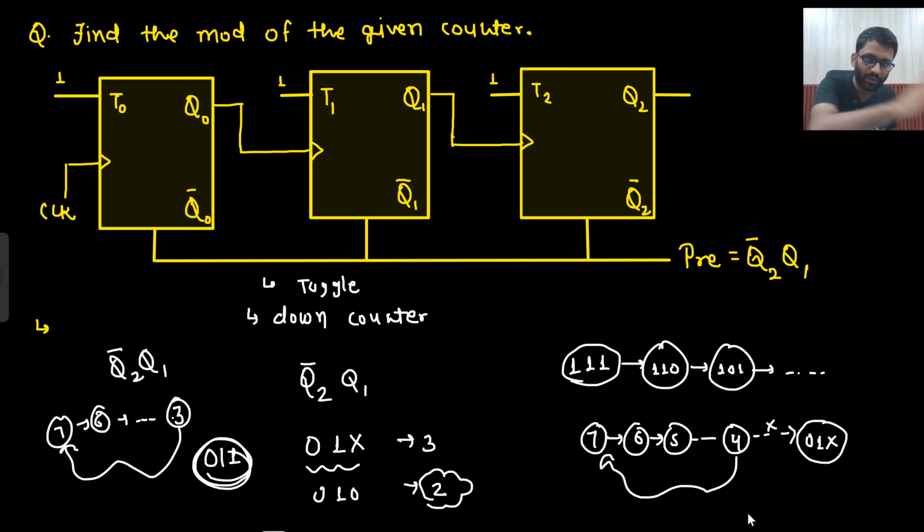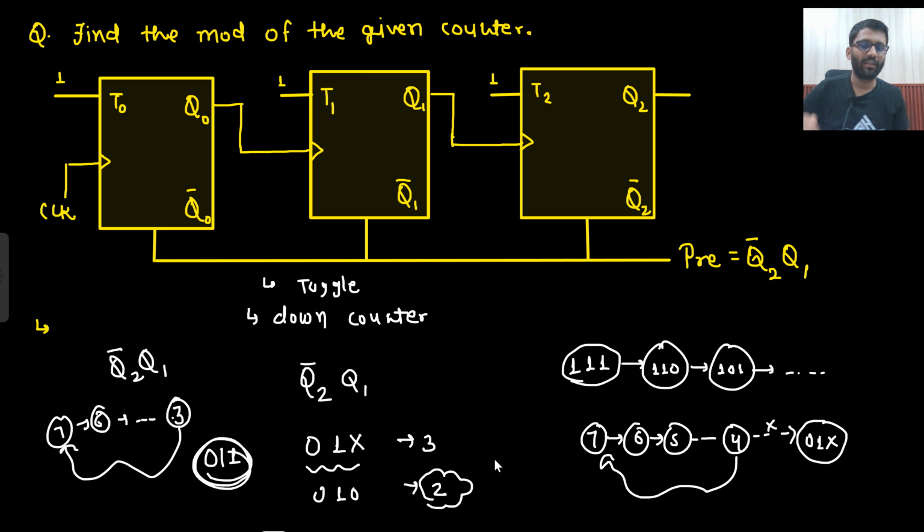So in case of down counter, you don't need to mug it up. Just think. In case of down counter, I am going from 7, 6, 5, 4. Now I need to break the loop. Why is that so? Because my pre-input is 0, 1, don't care. Now my pre-input can take the 3 value as well as the 2 value. Which value will I pick?